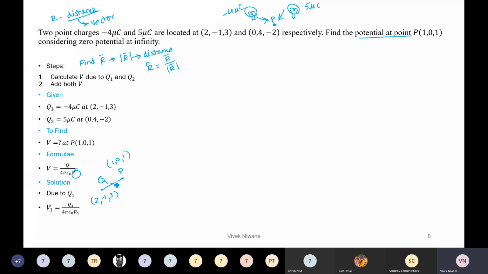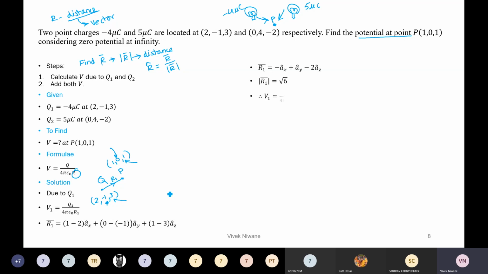To get R1, you do destination minus source. So 1 minus 2 ax cap plus 0 minus (-1) ay cap, and 1 minus 3 az cap, as z for P and z for Q. So we have R1 bar as minus ax cap plus ay cap minus 2 az cap. From here we get the magnitude of R1 as root 6.